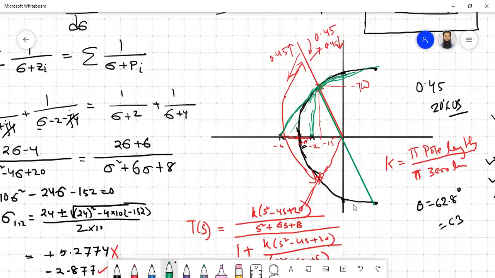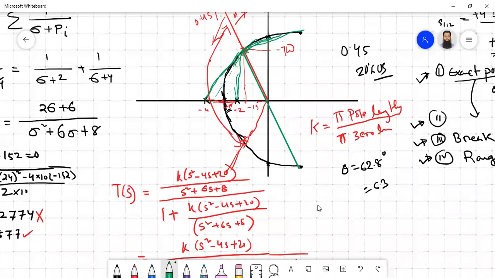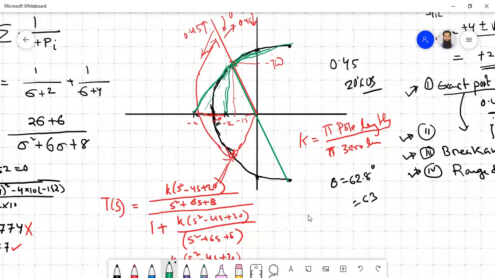The last one is the value of k for which it is stable. As we can see here, the starting value of k is 0, and while we calculated the j omega axis crossing, we calculated the value of k equal to 1.5.